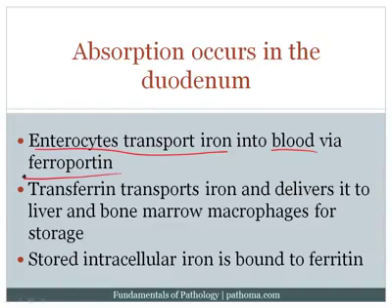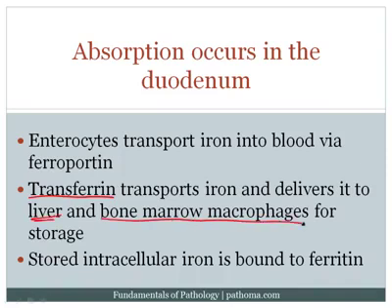Now, once iron gets into the blood, it's always bound. Remember that iron has the ability to generate free radicals, so it will never be left alone. It will always be bound to something. In the blood, it's bound to a molecule called transferrin. And transferrin transports iron and then delivers it to the liver and to the bone marrow macrophages for storage. Once iron gets to the liver or the bone marrow macrophages, it's stored in the cell, but it's stored bound to ferritin.